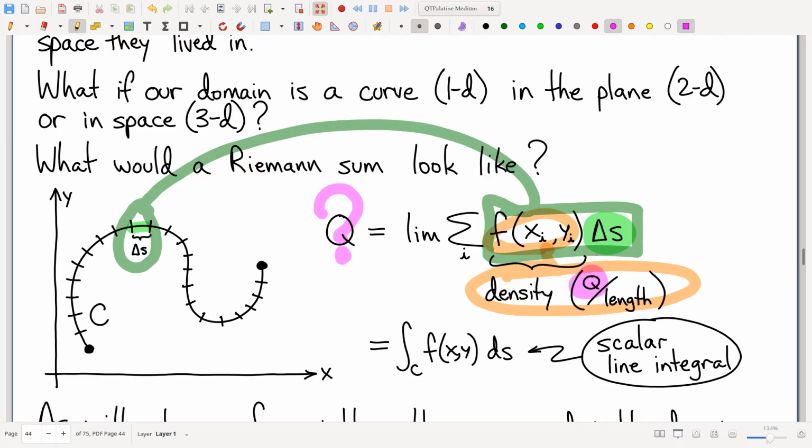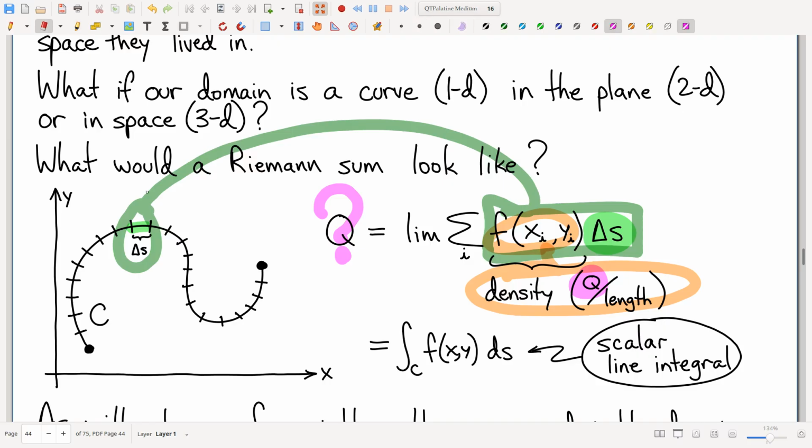If I want population, then it's population per unit length. Whatever it needs to be, the appropriate density appropriate to the application. So that tells me how much of the quantity that I'm interested in is happening on each little piece, and then you just add up over all the pieces.